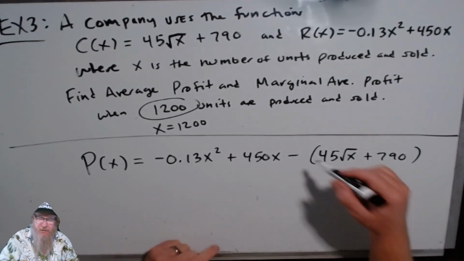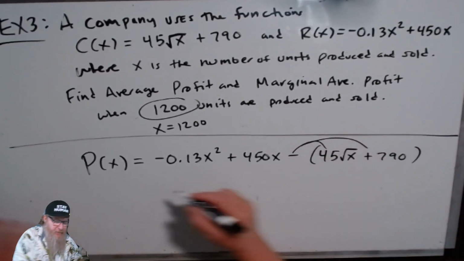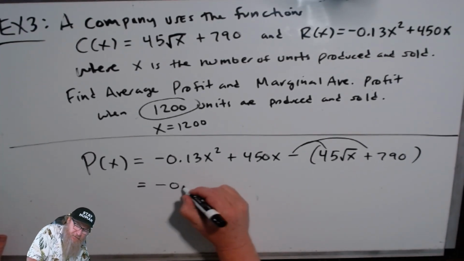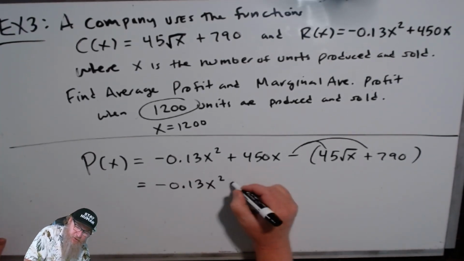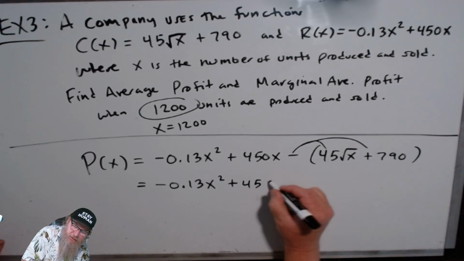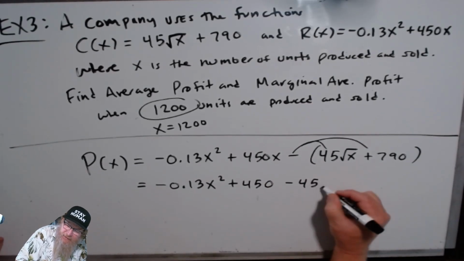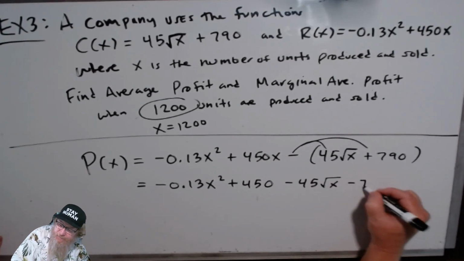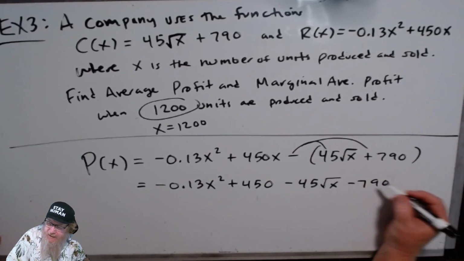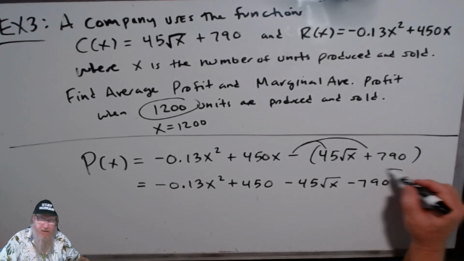All right. And then you distribute the negative. If you want to save yourself some writing, you could just do that as you're writing it down, as long as you don't forget that you've already done it. I know I've done that and forgot that I did it and then go back and do it again. So that's my profit function.